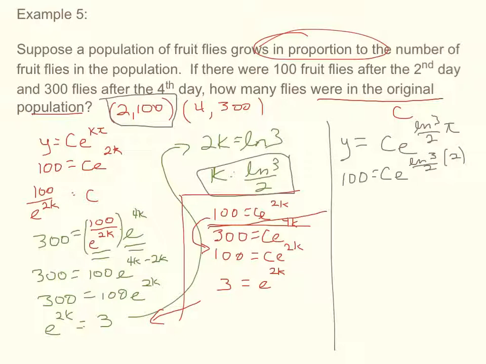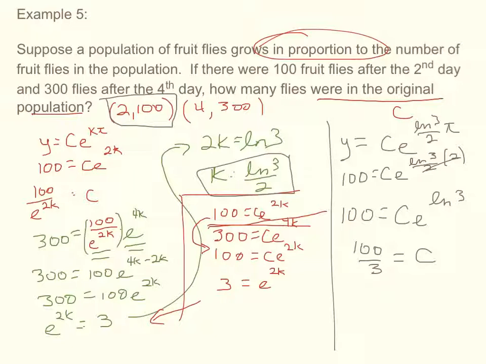So those 2's will nicely cancel out there, and we'll be left with 100 equals C e to the ln of 3. But according to our exponential and log rules, e to the ln of 3 is just 3, so we'll have 100 divided by 3 equals C.